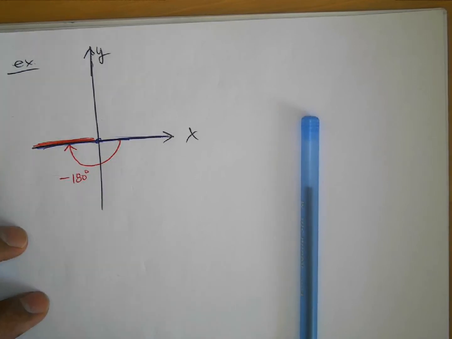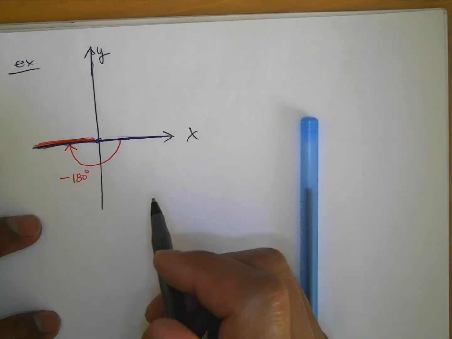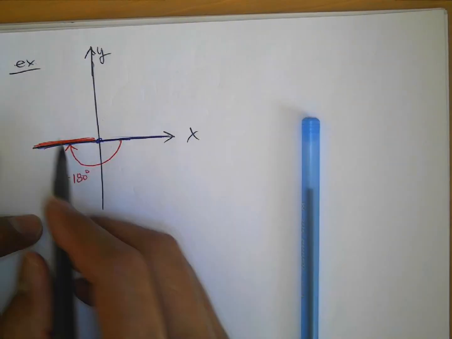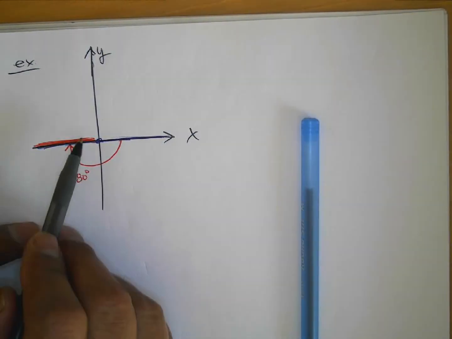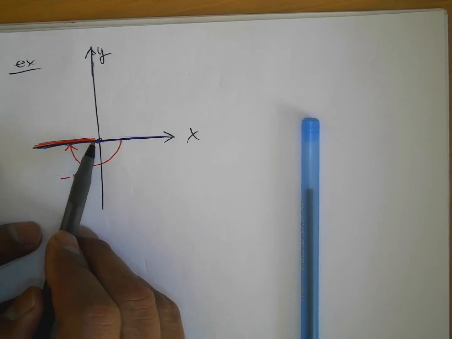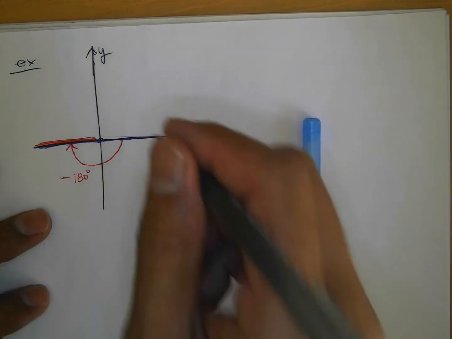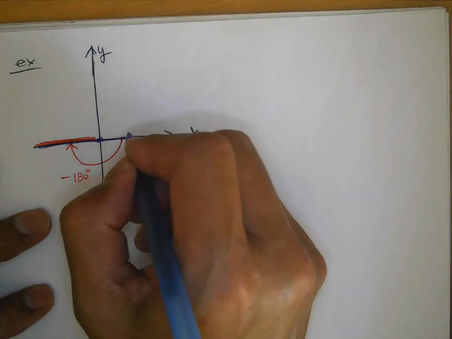That's possible too. They can be both positive, both negative, or one positive and one negative. There's an infinite number of angles that I can name that will rest here at negative 180.